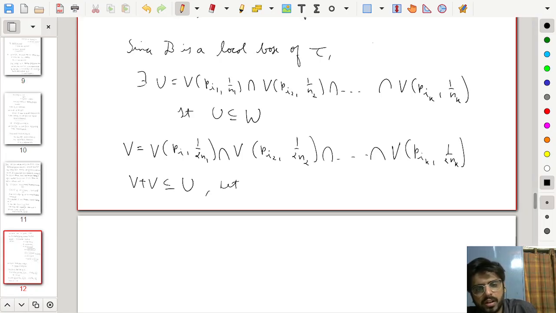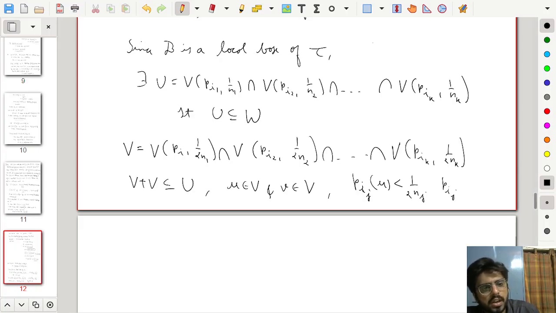So for example, let me show this. Let u belong to V and let small v belong to V. Then what do we have? p_{ij} of u is strictly less than 1 by 2n_j, and p_{ij} of v is strictly less than 1 by 2n_j.